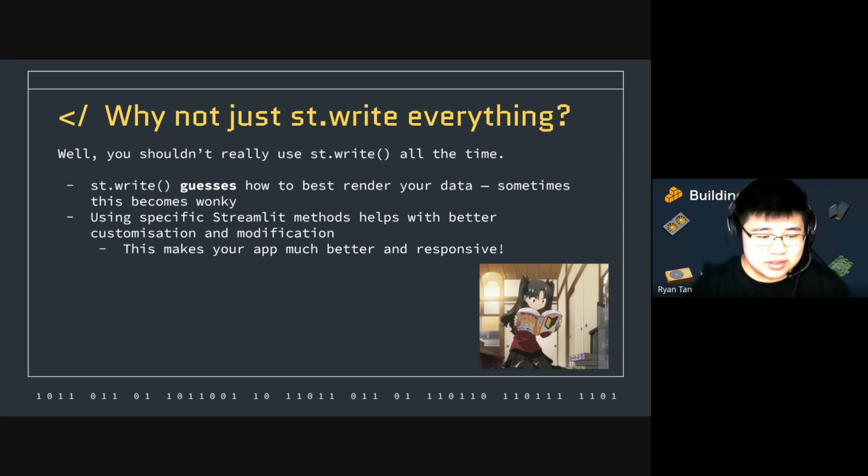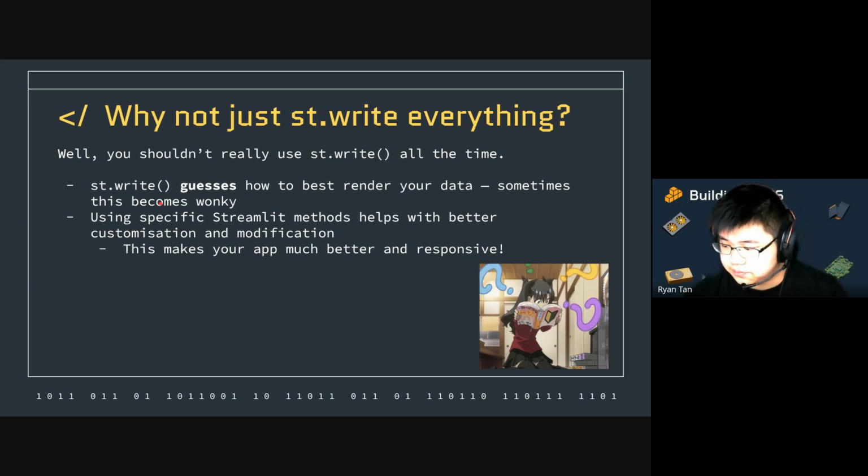Well, you shouldn't, because st.write guesses how to best render your data, and sometimes this becomes wonky and doesn't really meet your expectation. So we should actually use specific Streamlit methods that help with better customization and modification.